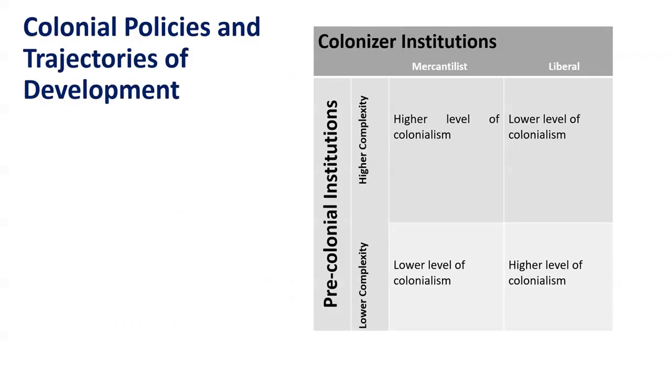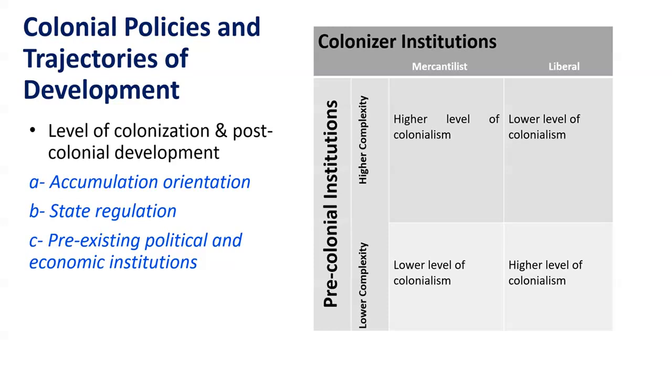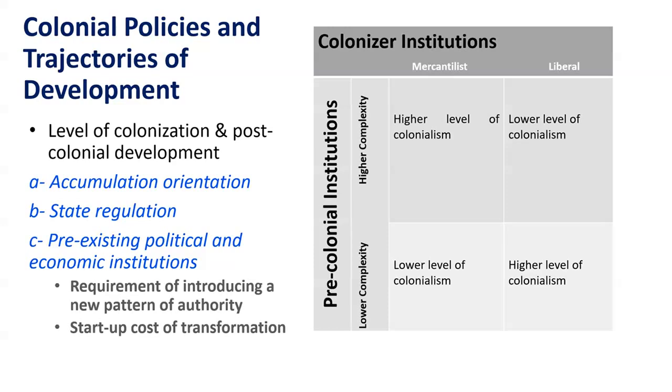So here is what James Mahoney said about Spanish colonial power in South America. The main argument is that the level of colonization affected long-term development in the South American region. How?